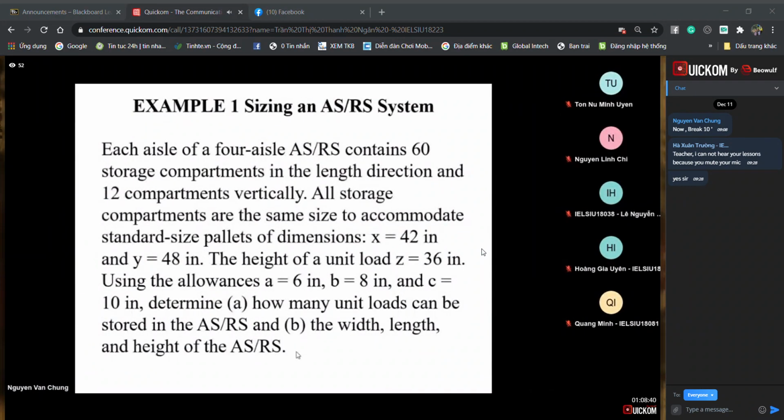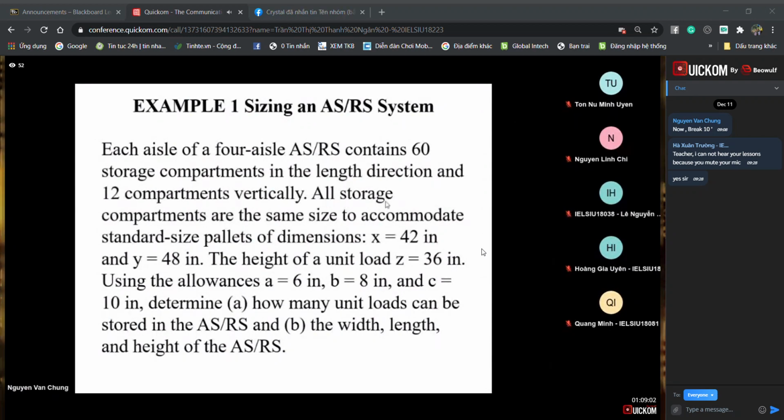Everyone knows this is an aisle. This aisle contains 60 compartments in the length and 12 compartments in the vertical.